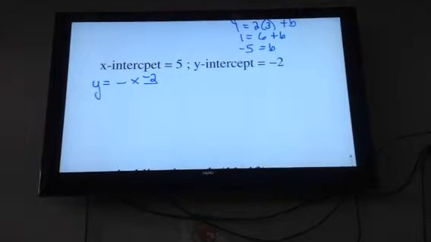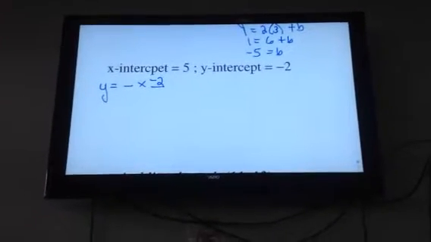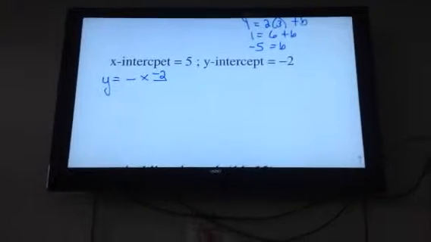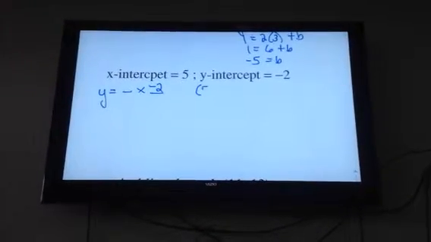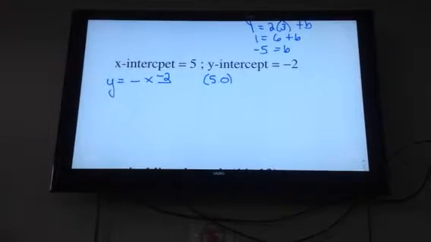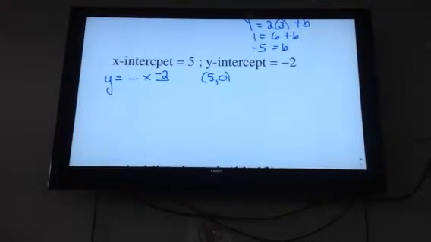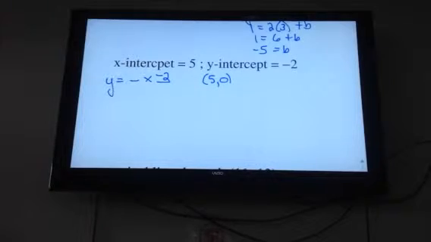Got a couple different ways I can go here. This is what I would do. I know that the x-intercept is 5, but I also know that as an ordered pair, that means 5, 0. And my y-intercept is negative 2, and as an ordered pair, that's 0, negative 2.